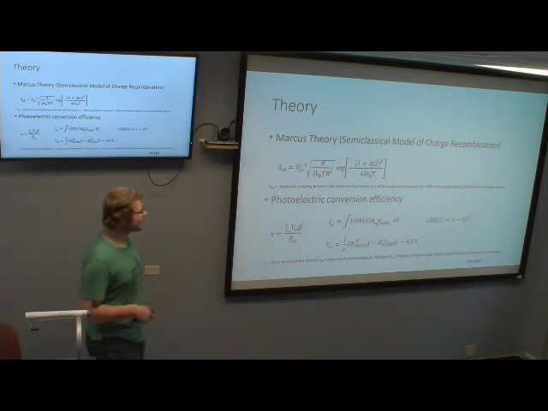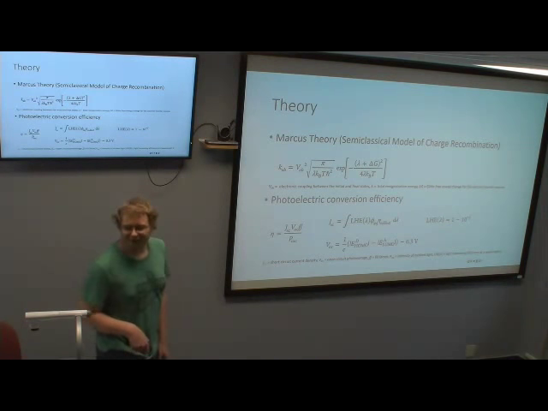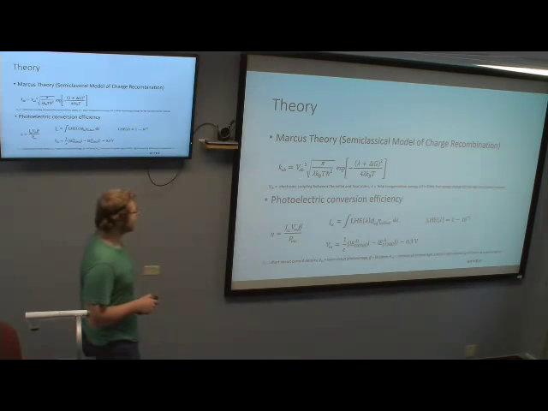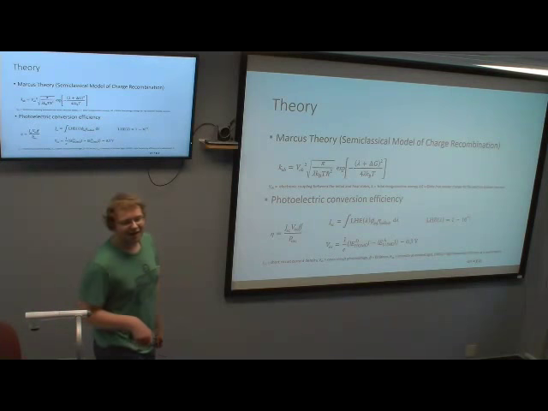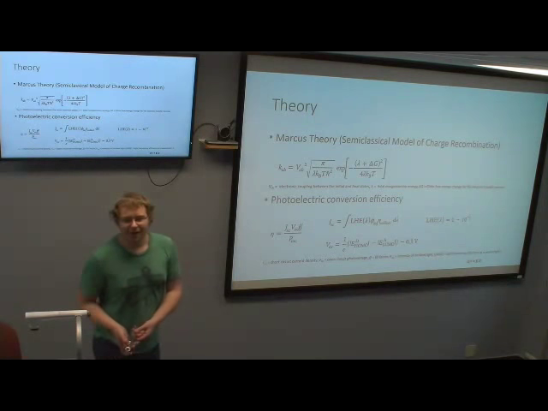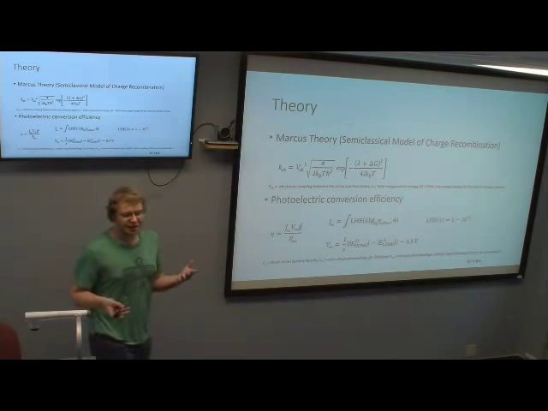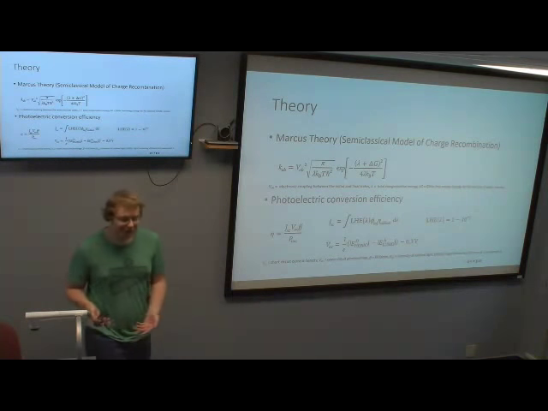Everything else they just said wasn't as important, and just mentioned that this V, the electronic coupling between the initial and final states, depends on the overlap of the wave functions for the HOMO and LUMO.